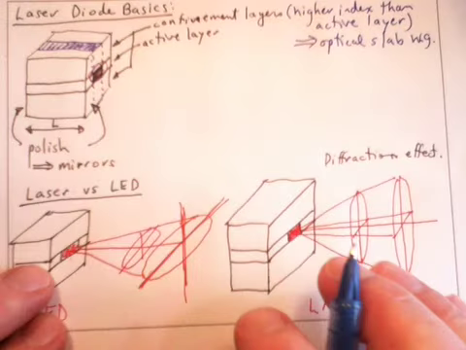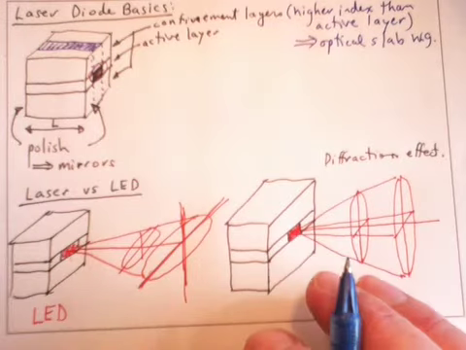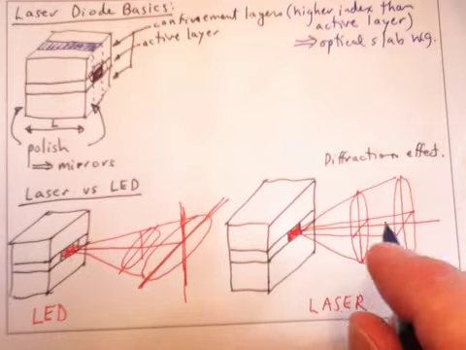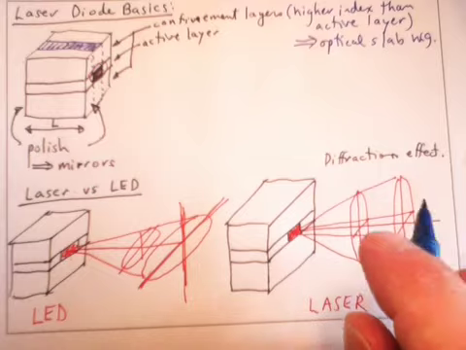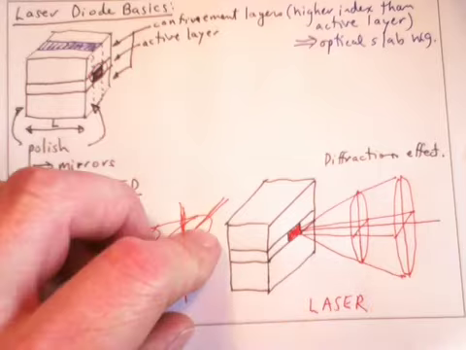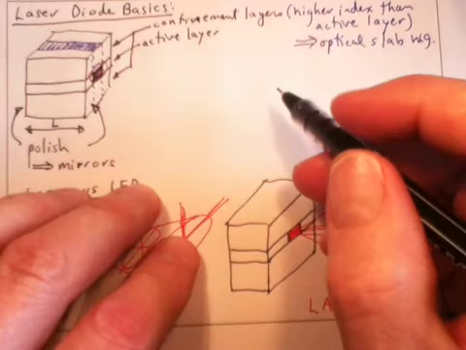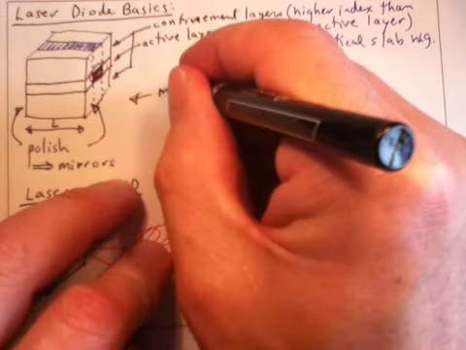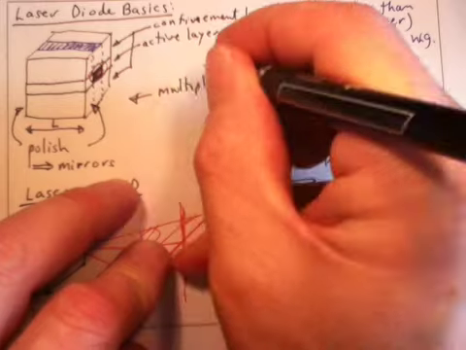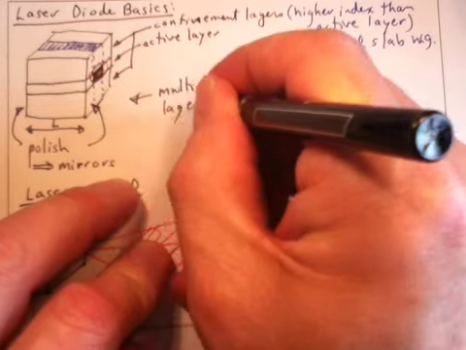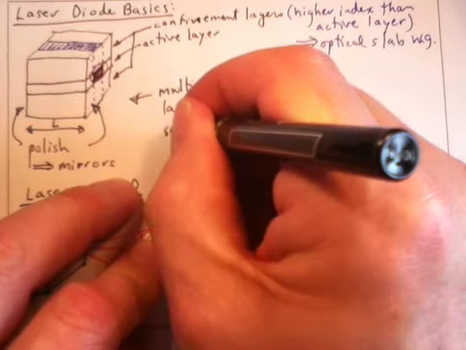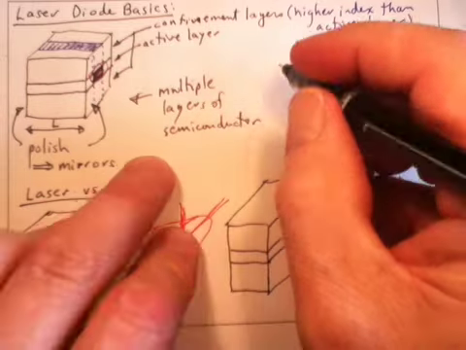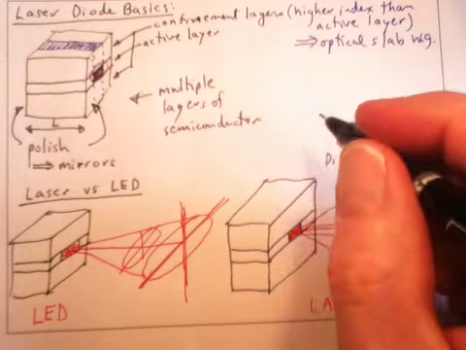The other thing I wanted to say here was that this type of structure, where we have multiple layers of semiconductor, are called double heterojunctions.